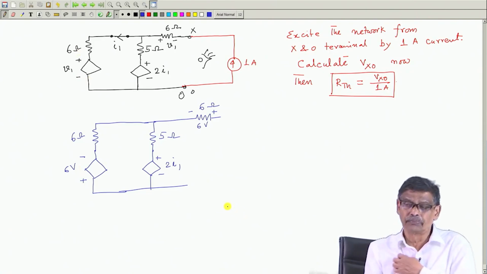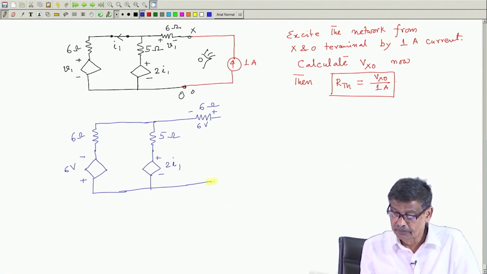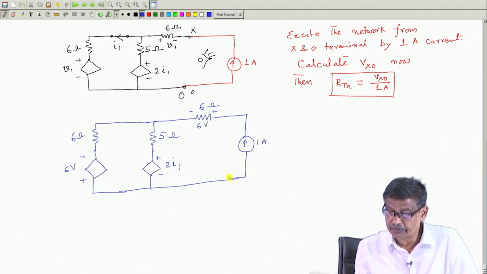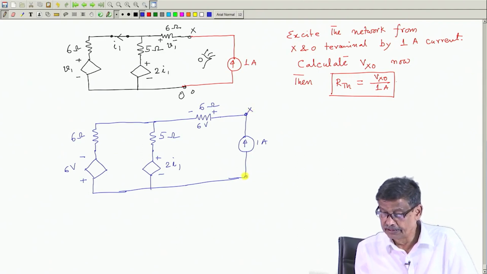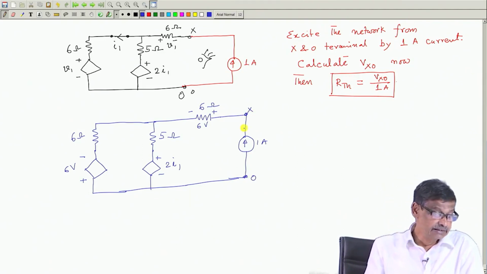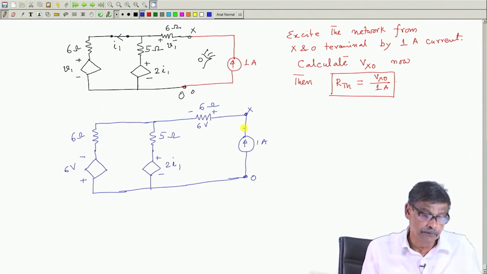I hope you know by this time what all this means. So, this is the circuit now, 1 ampere. What is my goal? My goal is to find out the voltage across this current source.